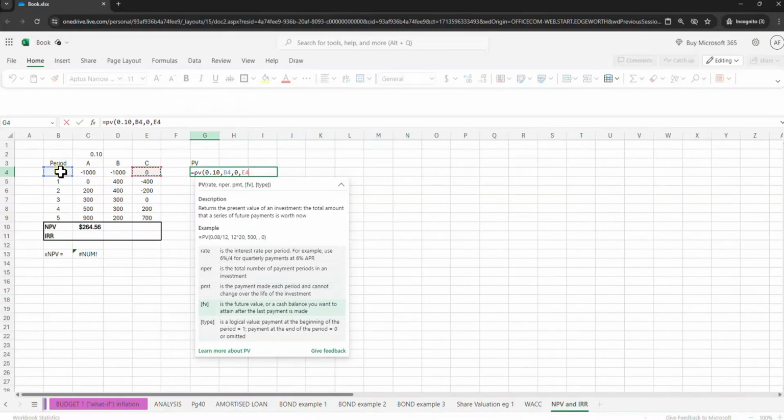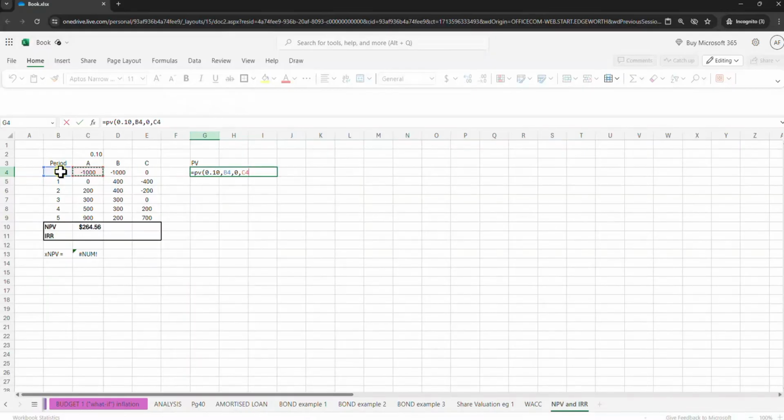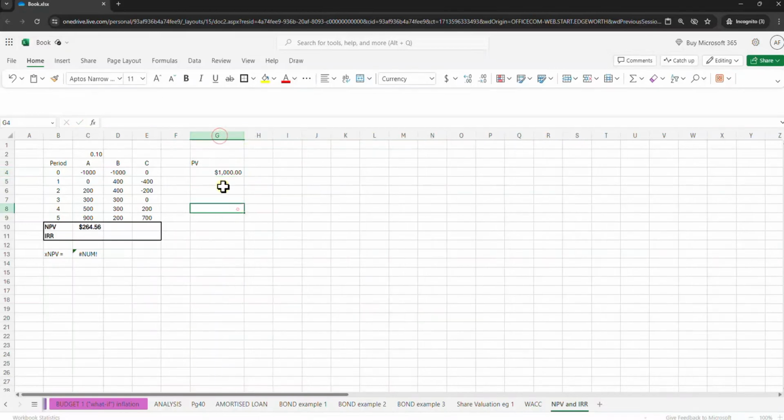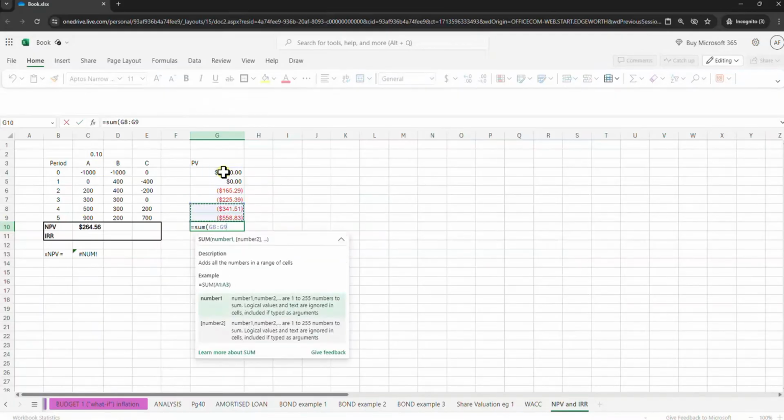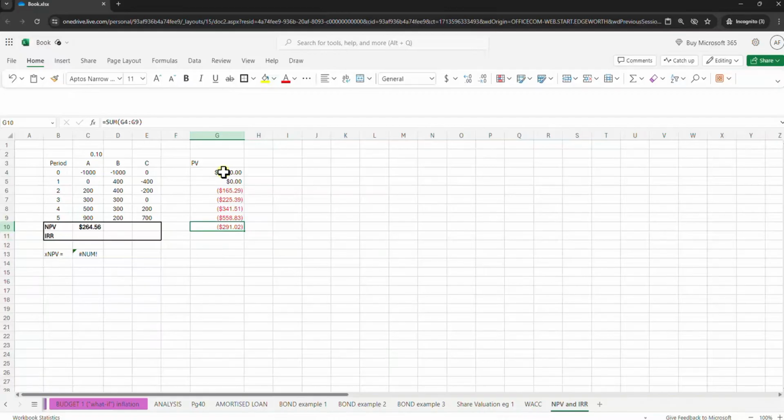The future value is this. Right, then you'll calculate that figure, and then you will do that for all of them. Right, and then you will sum up. Right, yeah, that's the correct NPV.